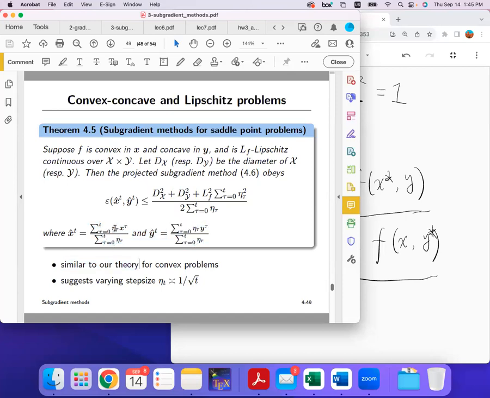And these weights are determined by step size. But this is doable because once you run this algorithm for t iterations, given the step size, you can calculate this x hat and y hat. Once you run this algorithm, you can always keep track of these two variables.